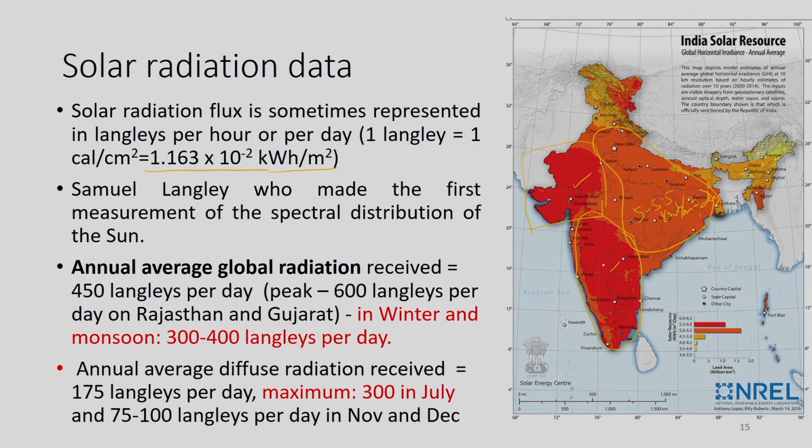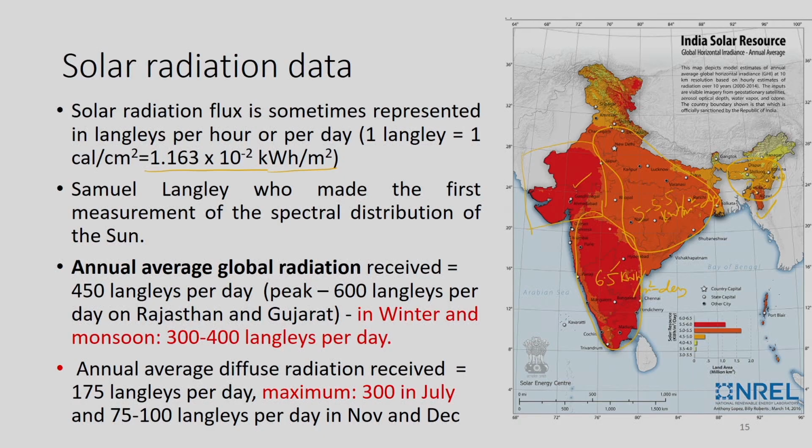Here it is somewhat higher, about 6.5, which is very good for solar, kilowatt hour per meter square per day. And you can see these portions are very erratic because the climate is somewhat different. Here about 3.5 to 4 kilowatt hour per meter square per day is received.